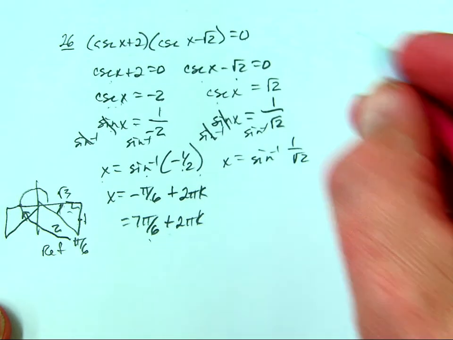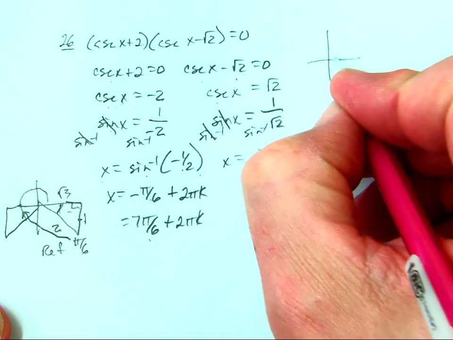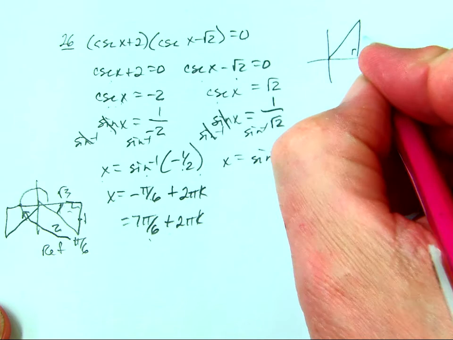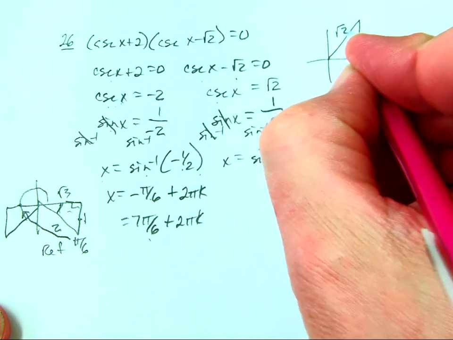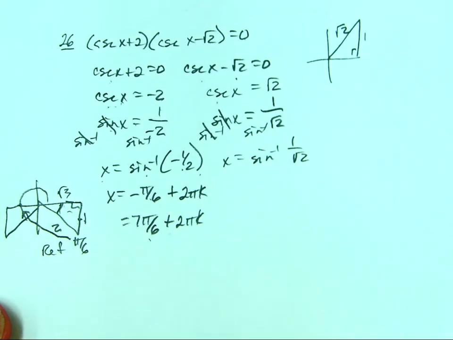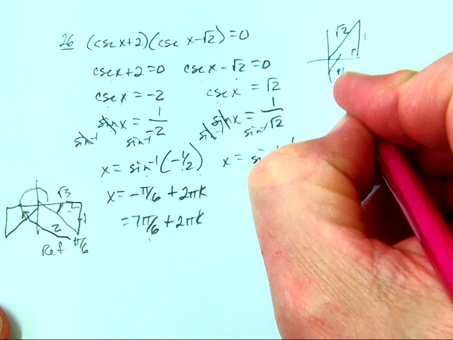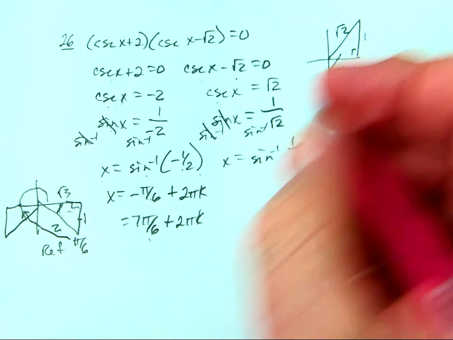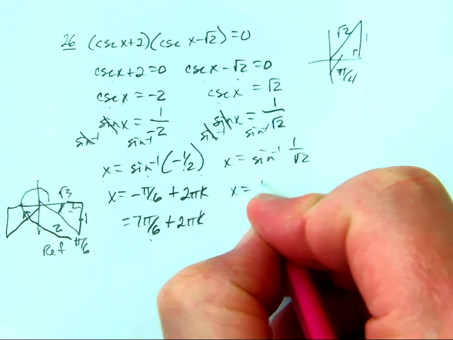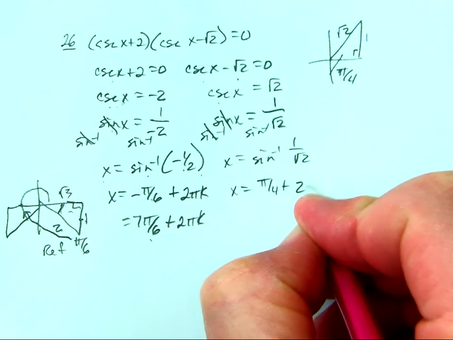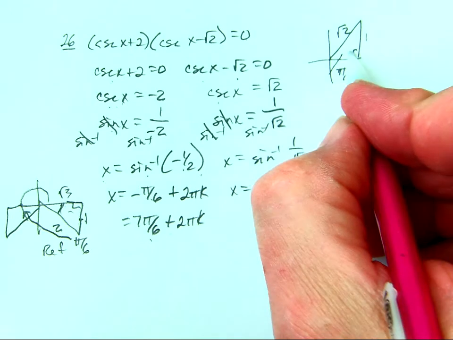Well, 1 over radical 2, that's positive. If we put it in the first quadrant, that'd be opposite over hypotenuse. Well, that's a 45, 45, 90 triangle. So we know our reference angle is pi/4. So x equals pi/4 plus 2 pi k. That's in the first quadrant.